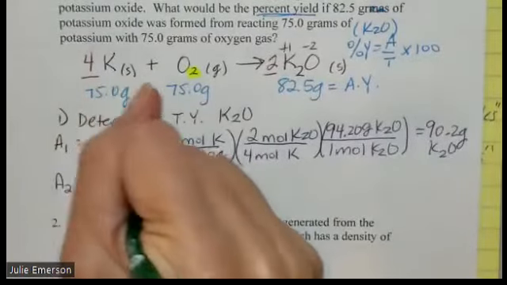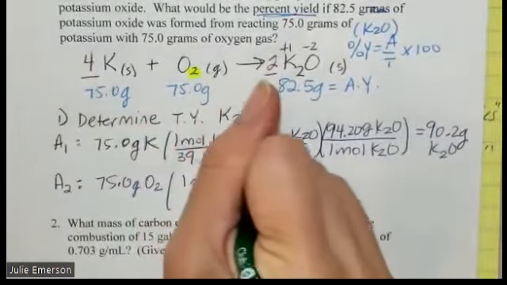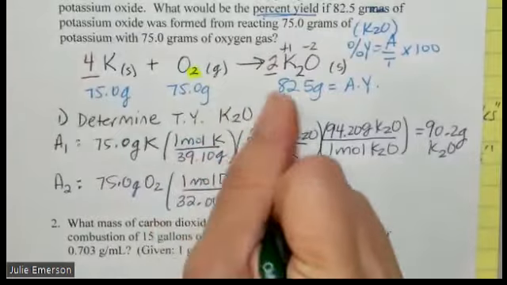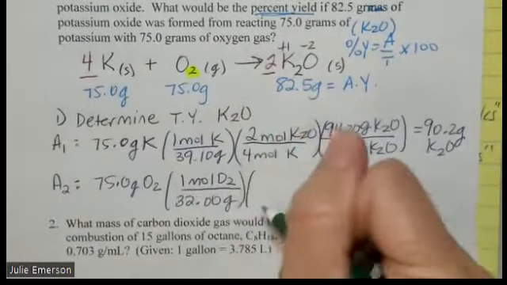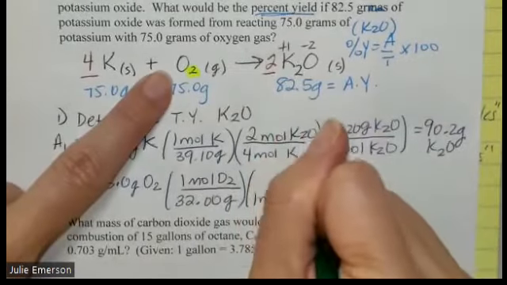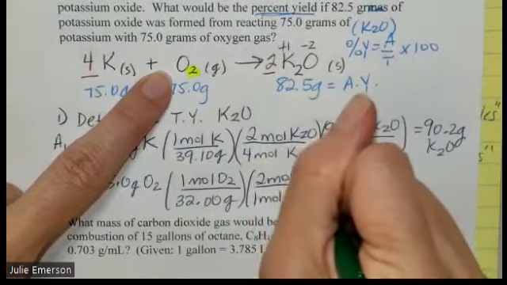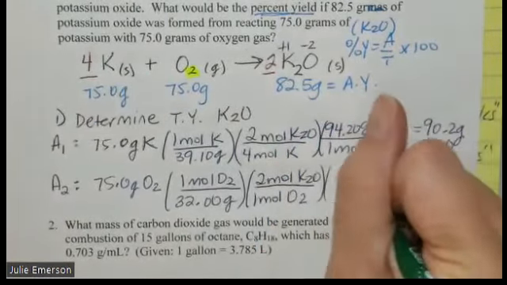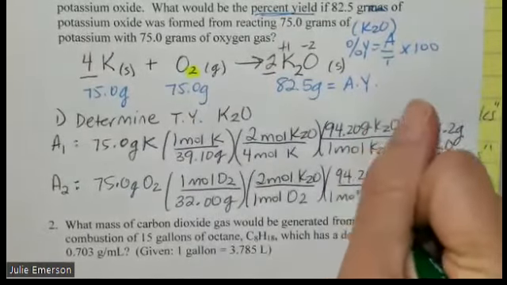We have 75 grams of oxygen. 1 mole of oxygen is 32 grams because each oxygen is 16 from the periodic table. Mole ratio in this case: for every 1 mole of O2, we make 2 moles of K2O. And the molar mass is the same because we're going to the same place, so 94.20 grams for 1 mole of K2O.